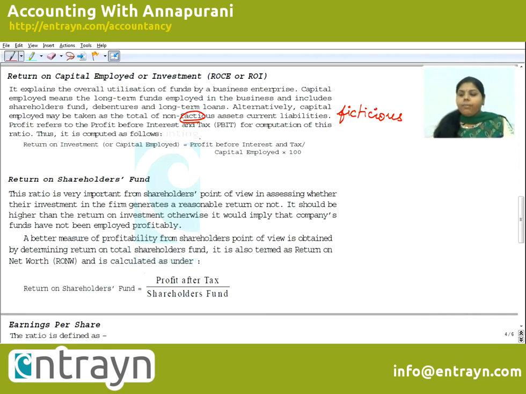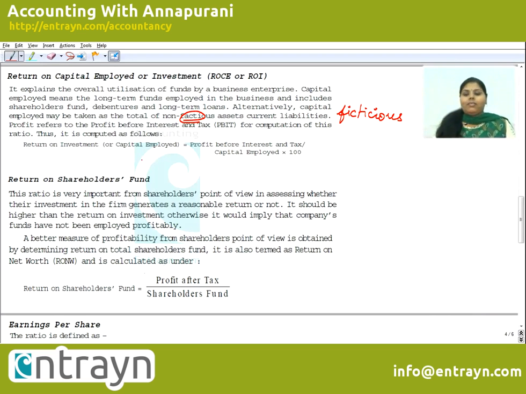Thus, it is computed as profit before interest and tax divided by capital employed into 100. See, profits that are available in the firm before interest and taxes are charged, divided by capital employed. Capital employed is what? Equity share capital, preference share capital, reserves and surplus plus long-term loans. It is nothing but the net assets, we say, no?